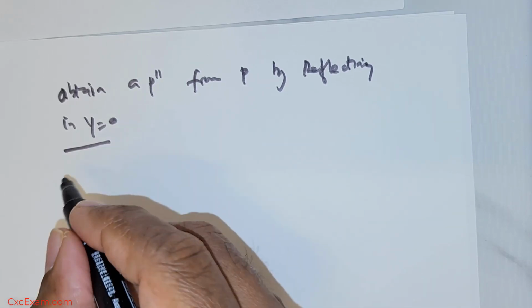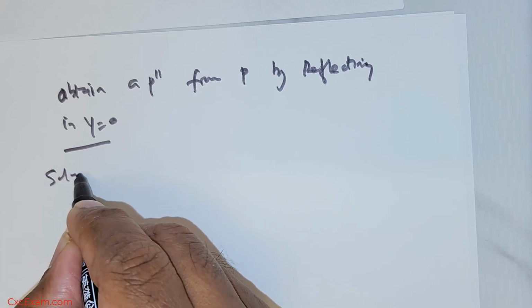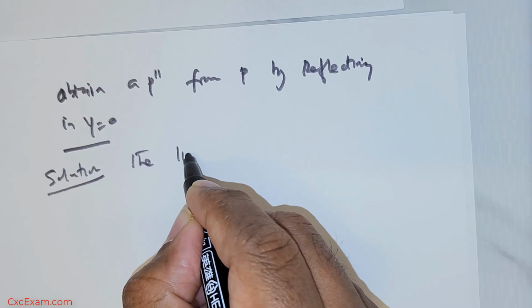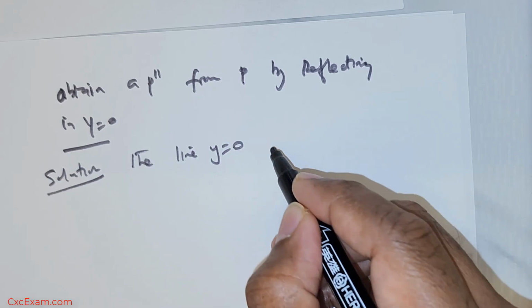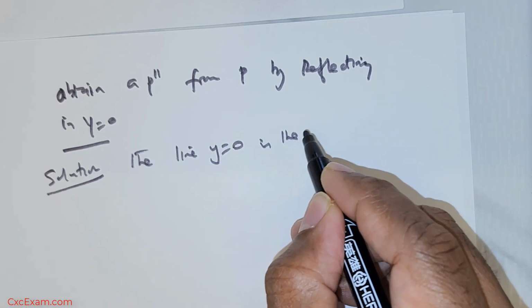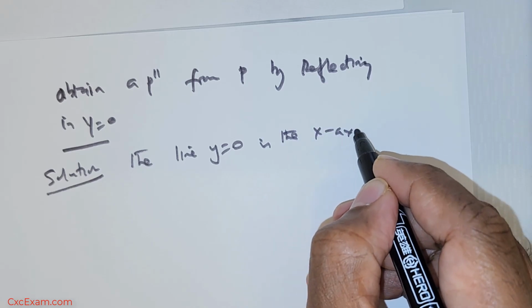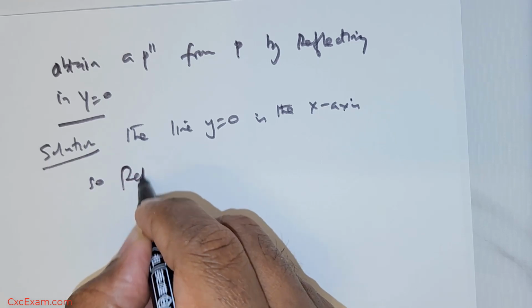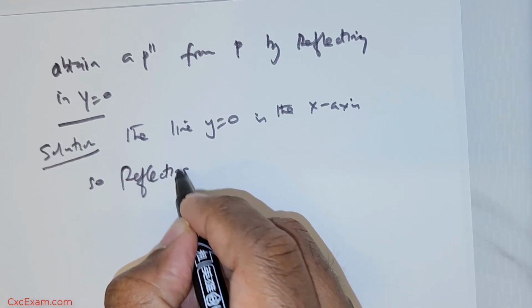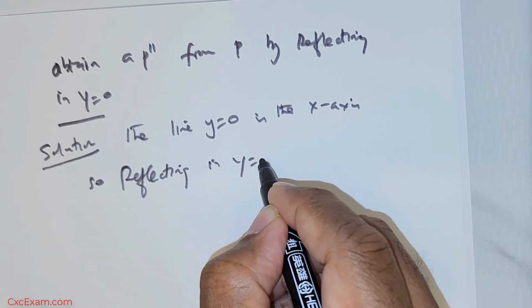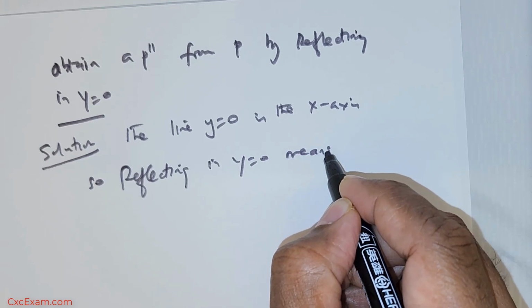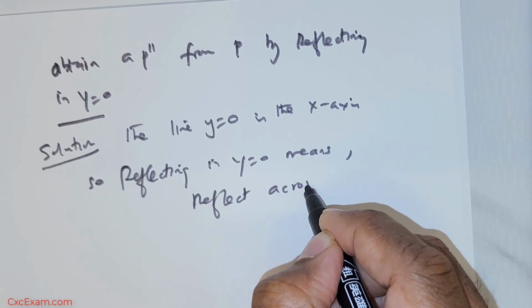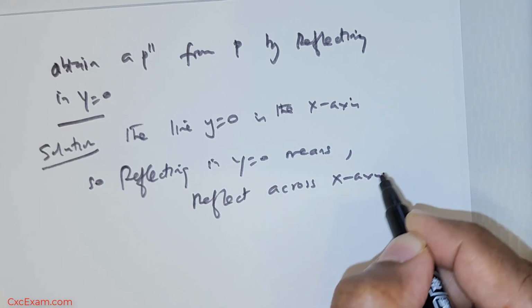Okay, so this is a solution. The line y equals 0 is the x-axis. So reflecting in y equals 0 means reflect across the x-axis.